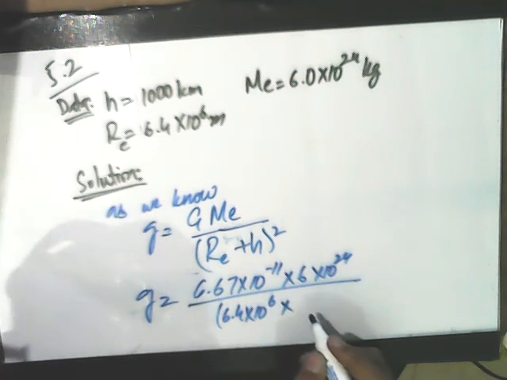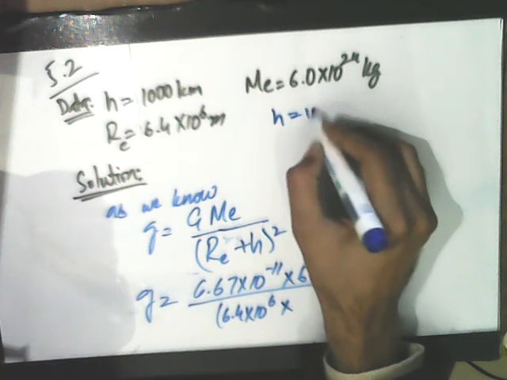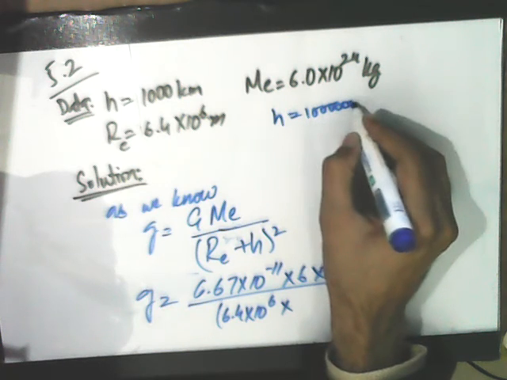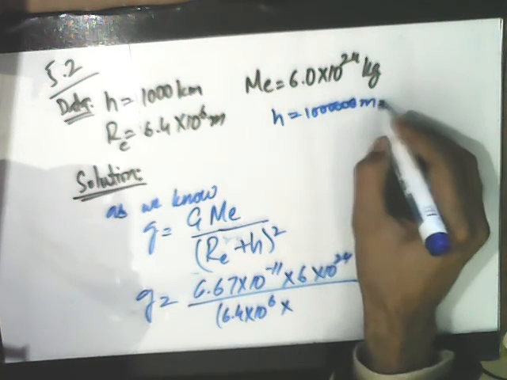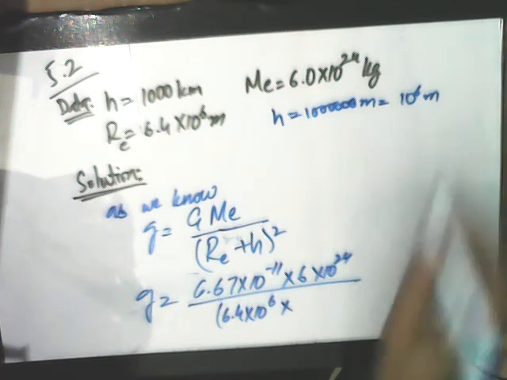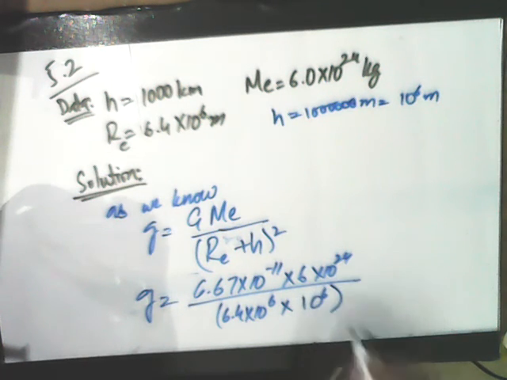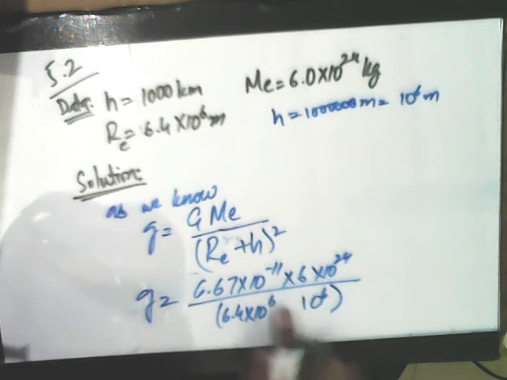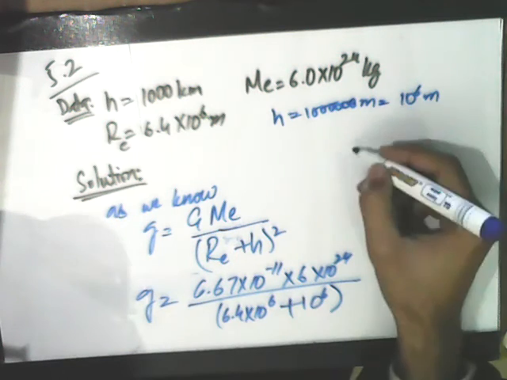This is 1000 kilometers, we need to convert this into meters, so H is 1000 and 3 more zeros, which is 10 to the power 6 meters. So we will have 10 to the power 6 added to it, not multiplied. That would give 7.4.